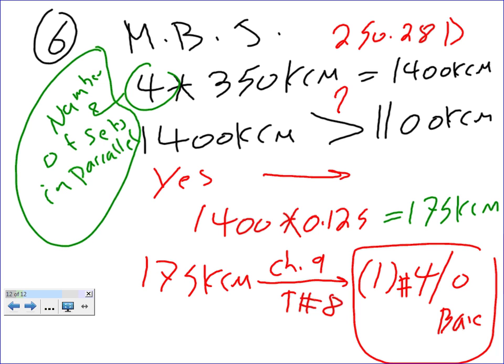In 250.66, it says over 1,100,000. So why is it 4 and not, I don't know, 3? Because if you go to 250.28(D), it will tell you if you are larger than 1100 kcm, then do 12.5%.